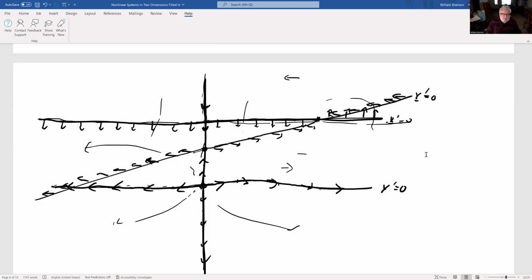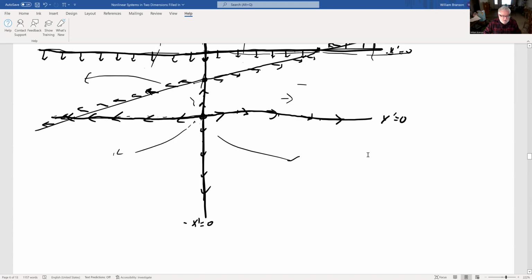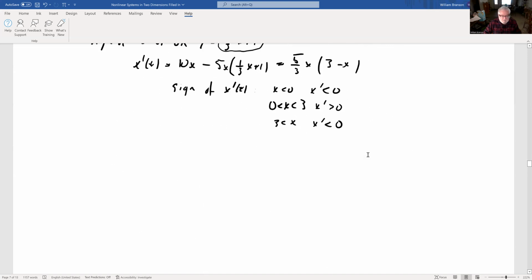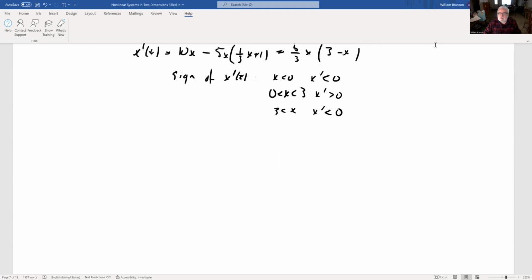They all have to be pointing in the same direction. So that's a little bit about nullclines, how to graph them, and what they look like. And then we'll put all this stuff together to get a picture of our vector field.